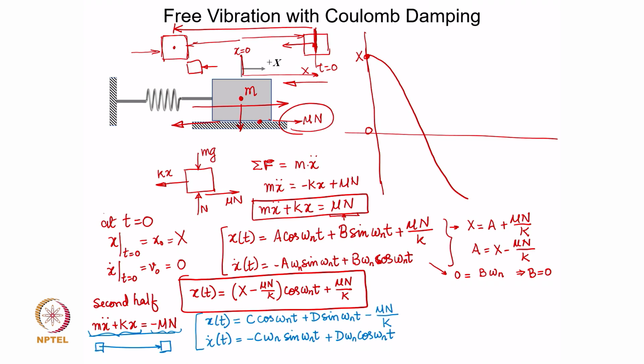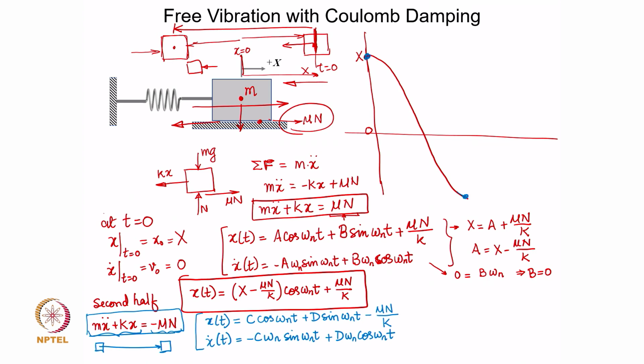Okay. Now, how do I find C and D again? Initial conditions. So, what will be the initial conditions? Because this equation is different, what we say is that the motion from here to here is governed by a different equation of motion.